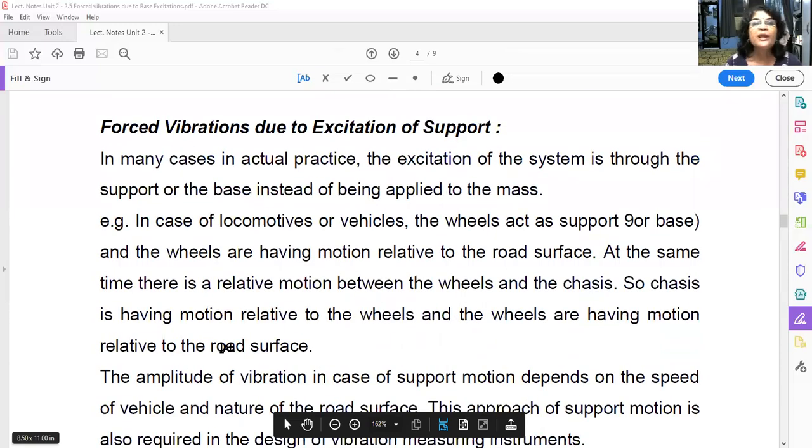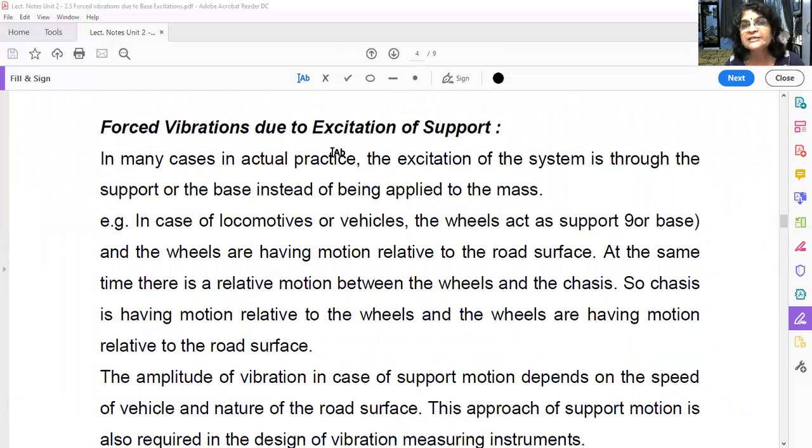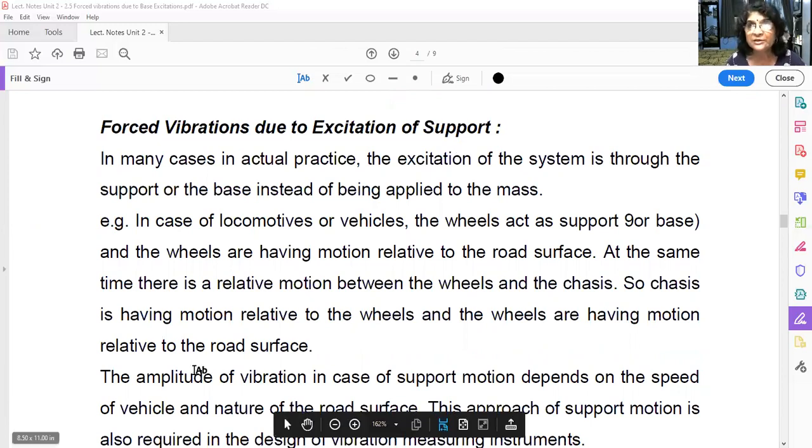Now today we are going to study the third case, which is forced vibration due to excitation of the support, which is also known as the base. Up till now, what we have studied, the support or base was assumed to be fixed, it was not vibrating. But there are a few cases where the support may also vibrate.